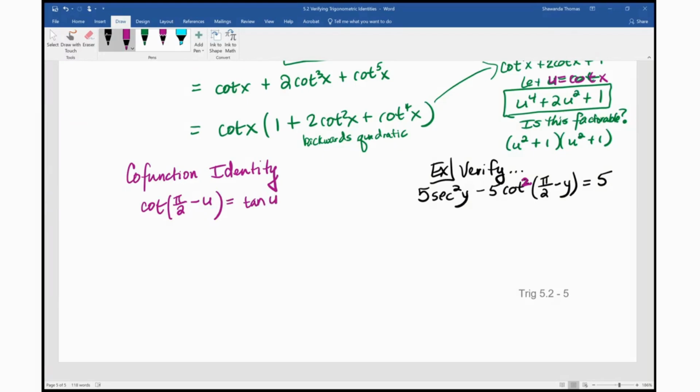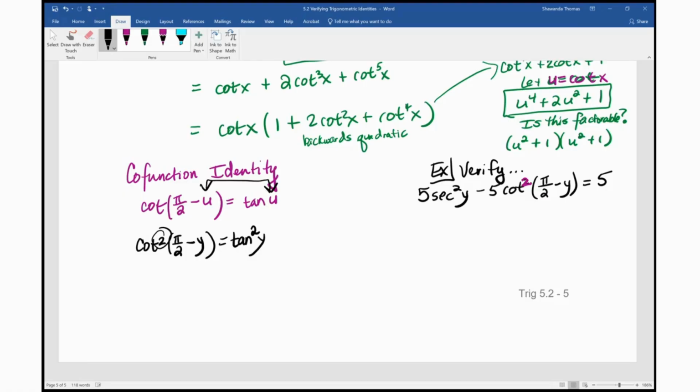We got a cotangent squared of pi over 2 minus y, so we change our u's to y, and since it's squared, we also change our tan to tan squared y.